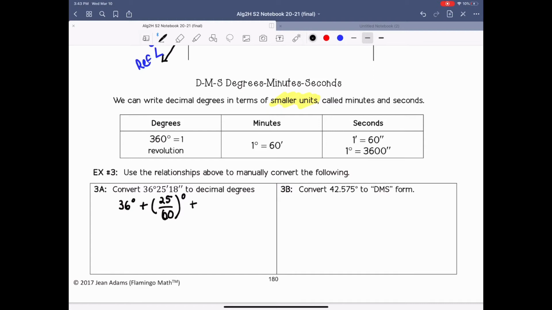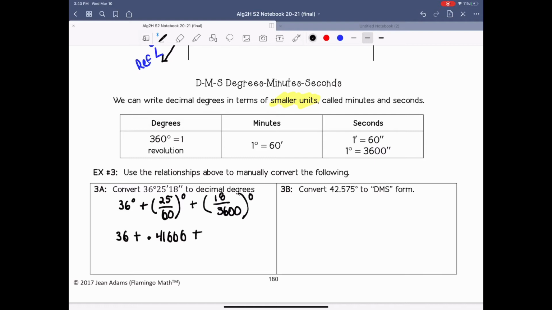And well, what I know is that for every 1 degree, there is 3,600 seconds. So 18 seconds can be converted to degrees by taking 18 and dividing it by 3,600. So if I convert these to decimals, that will allow me to add all of these together and give one final decimal degree measure. So 25 over 60, if I write that in decimal form, that's going to be 0.41666.